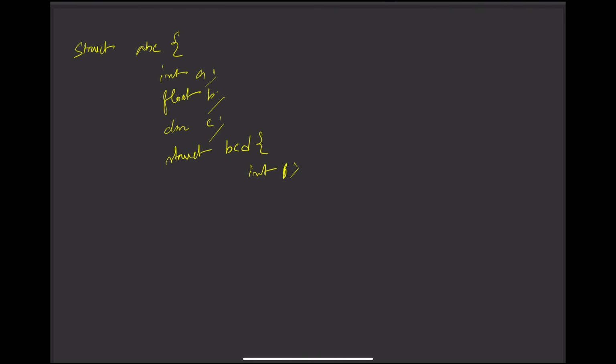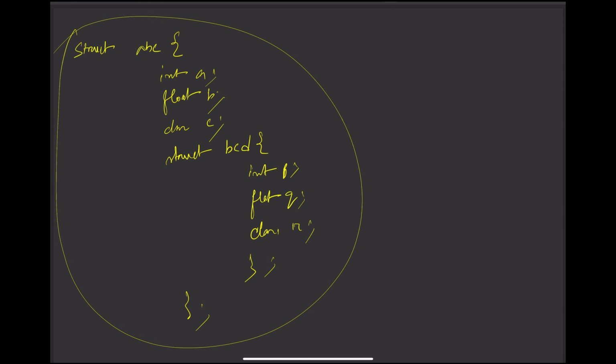So if you write, for example, struct ABC with integer A, float B, character C, and then again we are writing struct BCD with integer P, float Q, and character R, for example, this is how it is called nested structure.